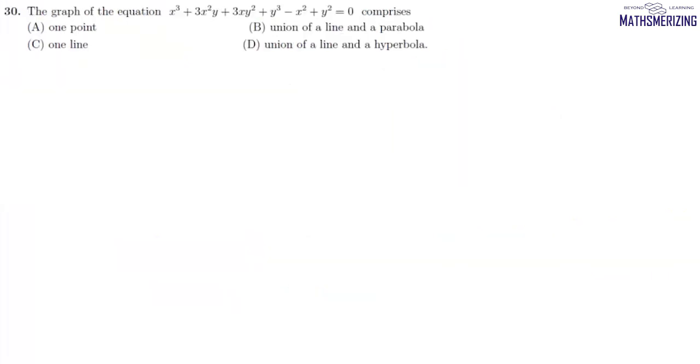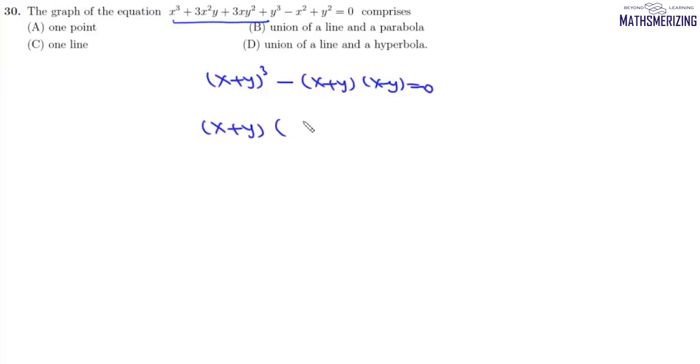Now question number 30 is, the graph of the equation comprises what? Now this is nothing but x plus y whole cube, and here if we take this minus sign, we'll get x plus y into x minus y equals 0. So we can get x plus y into x plus y whole square minus x minus y equals 0.